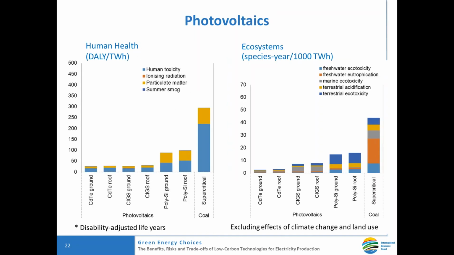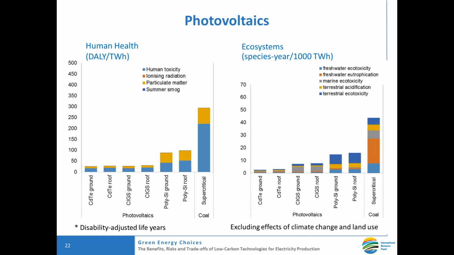Okay, here we have another technology that is quite popular, photovoltaics. We see a very similar pattern here. We see that the various photovoltaic technologies have a much lower human health and ecosystem impact than a modern supercritical coal power plant.